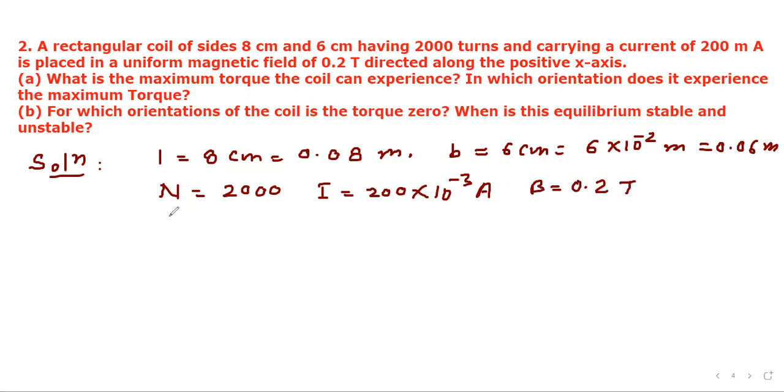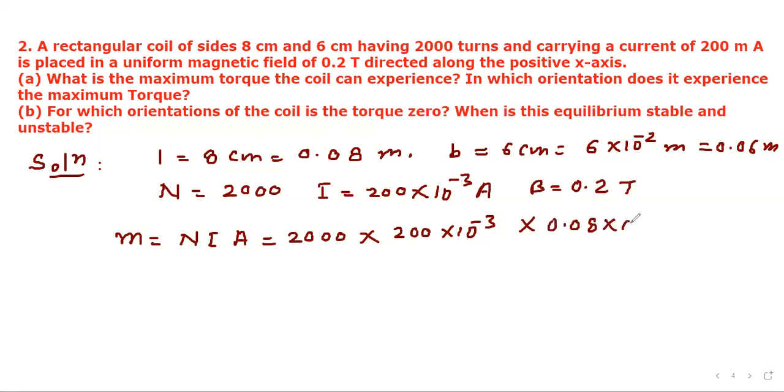So let's find out magnetic moment M equal to N I A. We put the values. N is 2000, I is 200 into 10 power minus 3, into area. Area is L into b, so 0.08 into 0.06. If we multiply, we will get 1.92 ampere meter square.